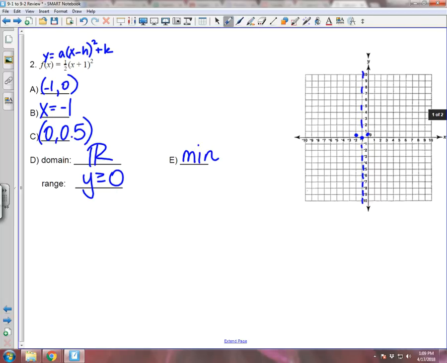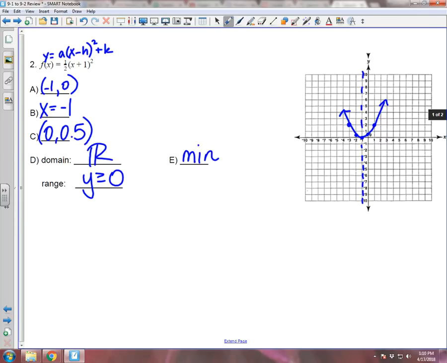Okay, can somebody find me one more set of points? One comma 2, which is 2 boxes away from my axis of symmetry, which means I've got a U shape that looks something like this.